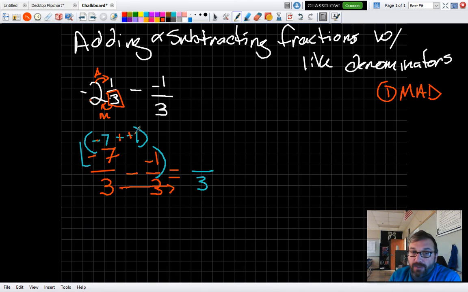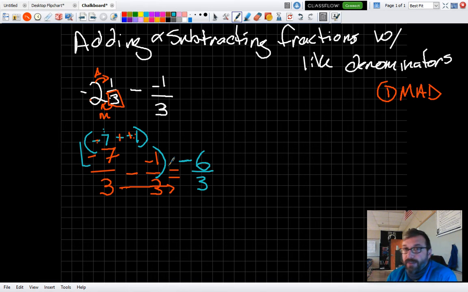I now have 2 integers with different signs. Because they have different signs, I am going to subtract them. 7 minus 1 is 6. And I keep the sign of the number with the largest absolute value. 7 has a larger absolute value than 1, so my answer is going to be negative.